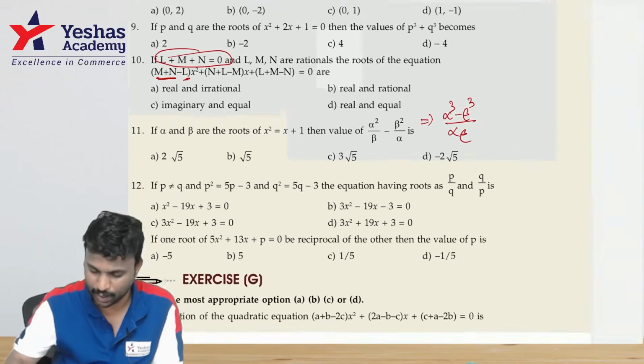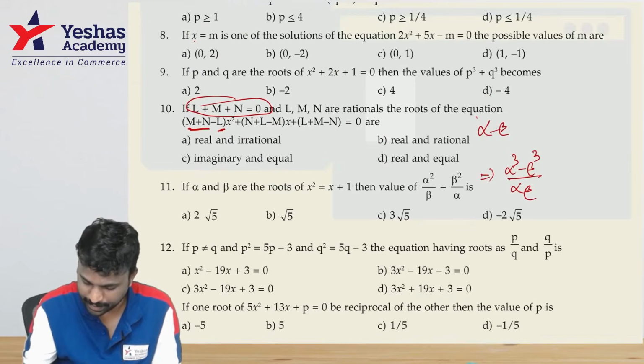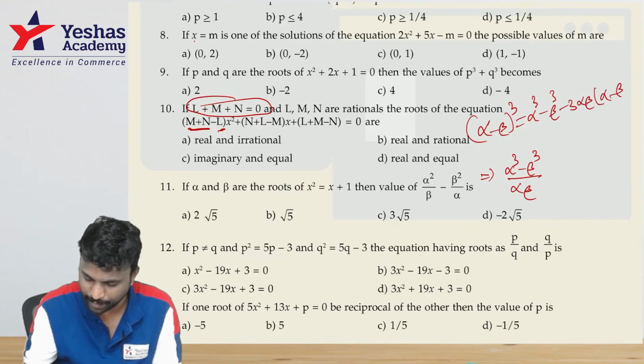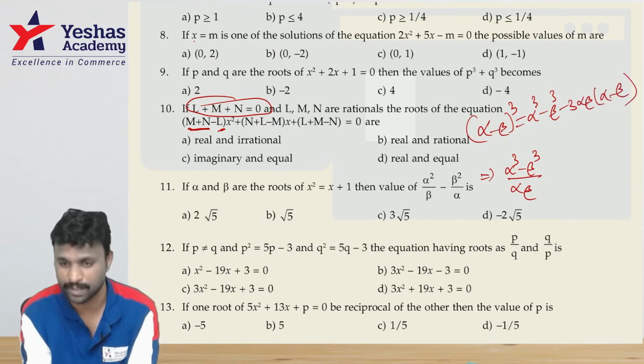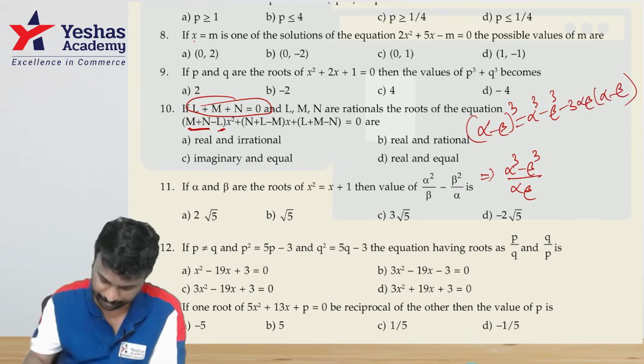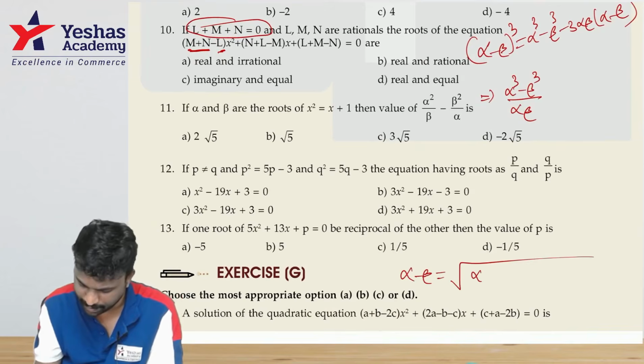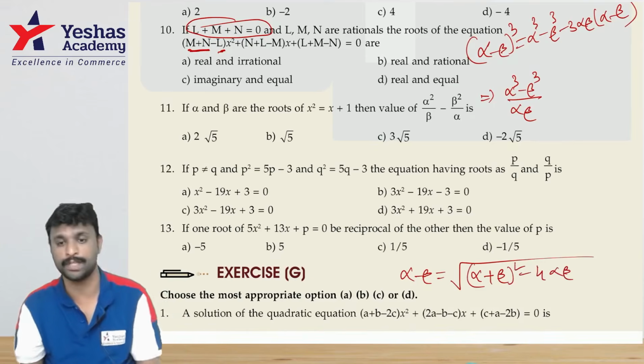First of all, alpha minus beta the whole cube is alpha cube minus beta cube minus 3 alpha beta into alpha minus beta, isn't it? There's a formula. Now, what is alpha minus beta first of all? The difference between the roots is the root of alpha plus beta the whole square minus 4 alpha beta. Hope you remember this formula.